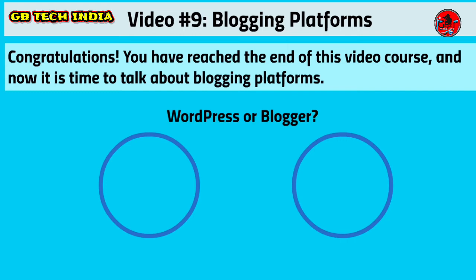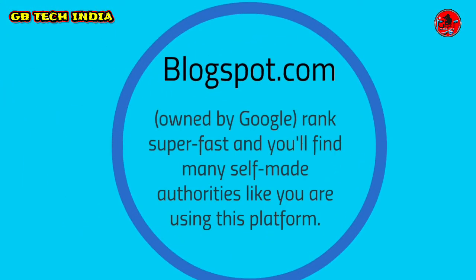And of course, if you want to use Blogger, you can use it to kind of bump up the rank of your WordPress site. So let me explain. Blogger is owned by Google. It's also known as blogspot.com or blogger.com. If you go to either site, you will go to the same site. This is owned by Google, and it is able to rank super fast.